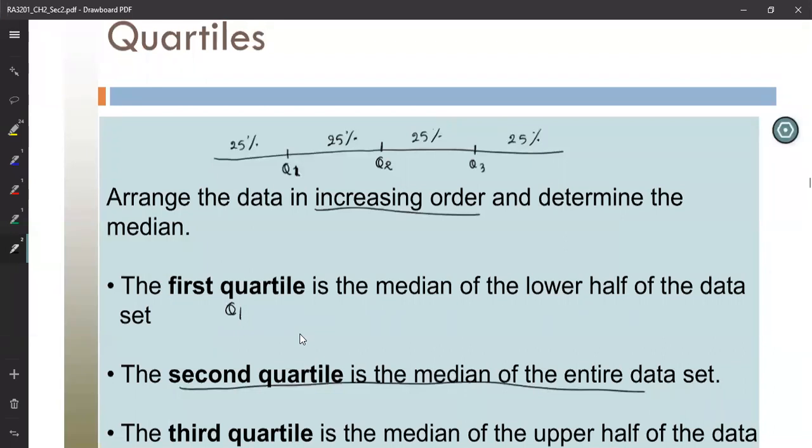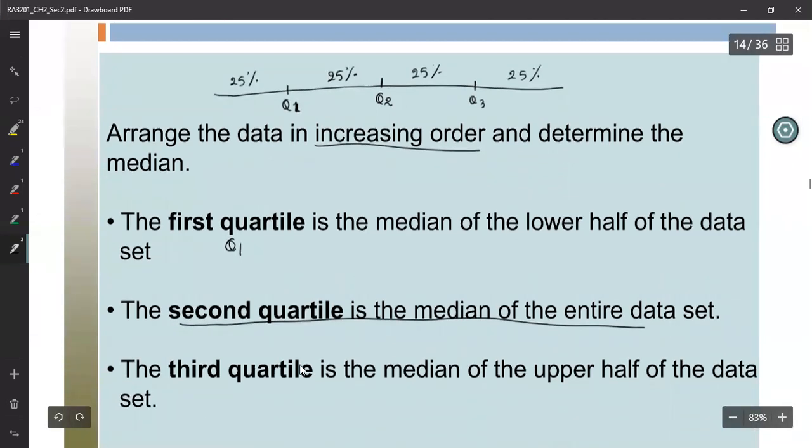So you can clearly see that with quartiles you divide the whole ordered data set into exactly 4 parts, each having 25% of the data. The third quartile, Q3, is the midpoint of the upper half of the data set. So this is easy to calculate.